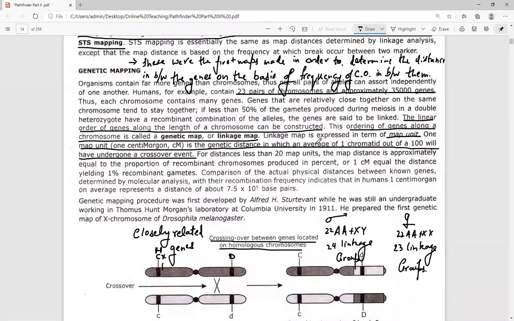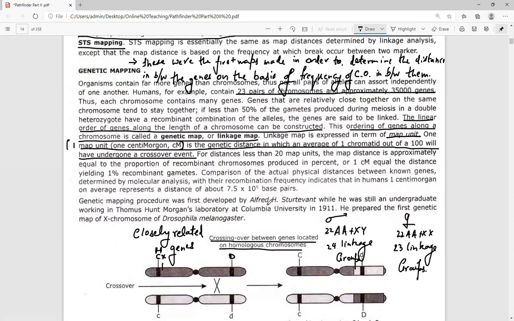That means one out of 100 chromatids will have a crossing over event, then the map unit is said to be one map unit. If there is a frequency of 1% crossing over, then the map distance is calculated to be 1 centimorgan. 1 centimorgan means the probability of occurrence of crossing over is just 1% between the two DNA sequences.